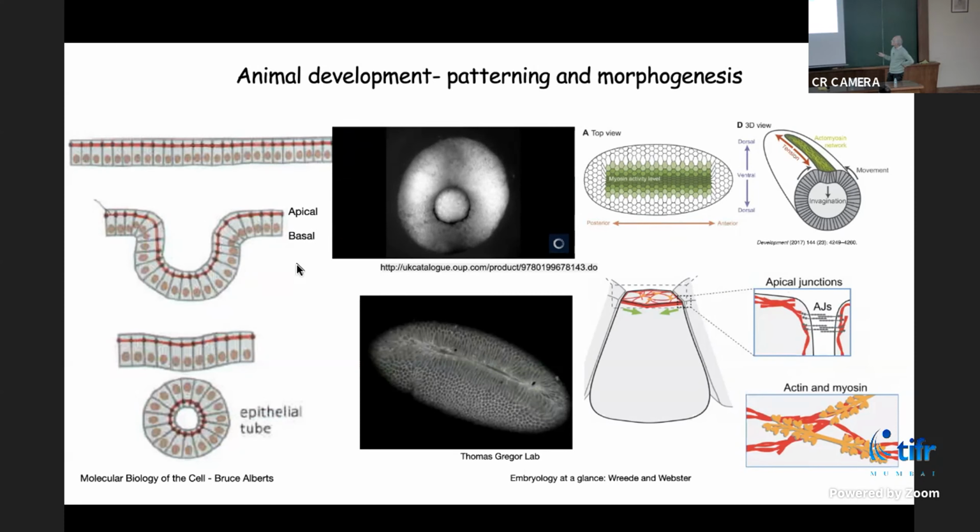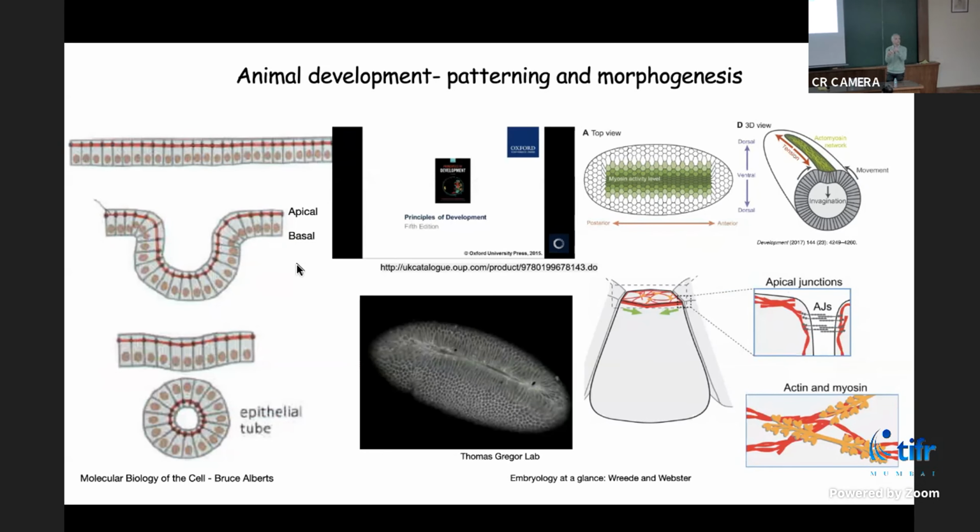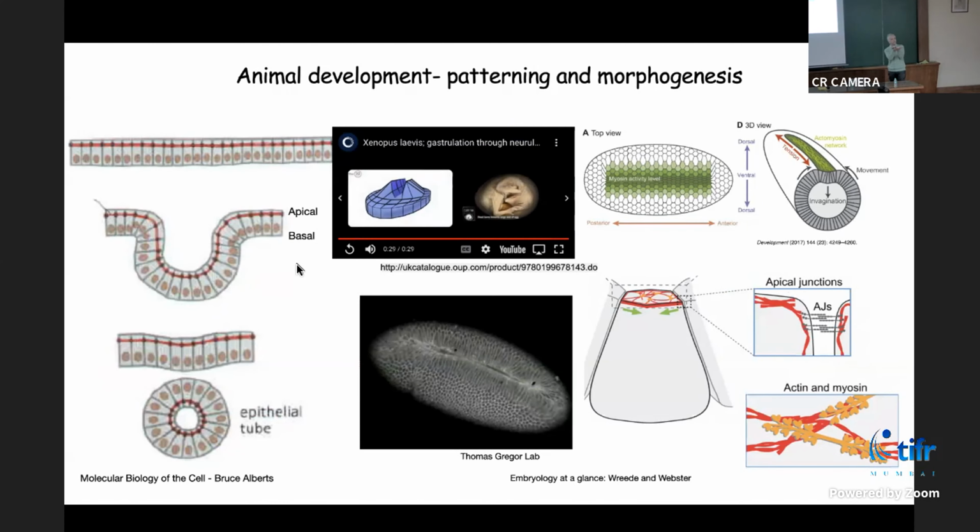If you look on top here, what you will see is a thickening of the embryo, and there is a depression here, and this whole thing will go in. What you don't see here is that in the end, you will get a tube inside. So basically this is a plate which folds onto itself and then eventually forms a tube which detaches from the overlying tissue, as has been shown here.